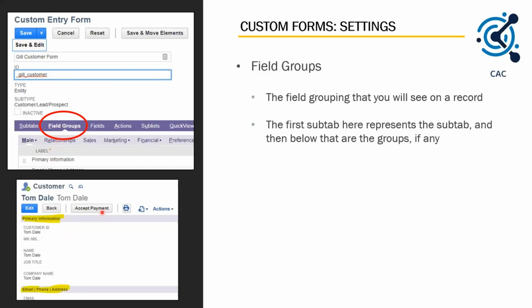So the grouping is basically, if you look at a customer record, the primary information is a group. The email, phone, address is a group. Below that, you might have a classification as a group. So this is where you can define the groups that are in that section.